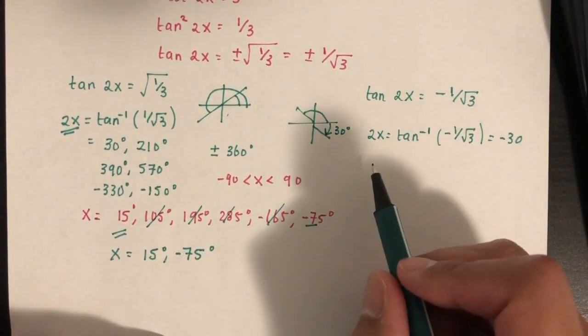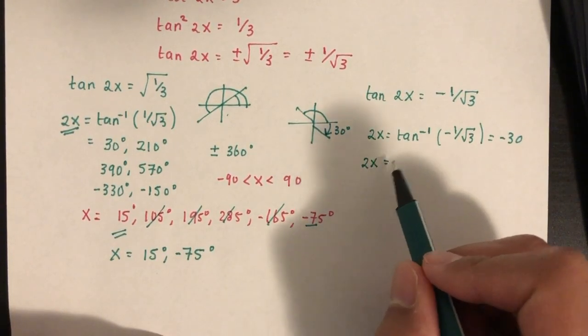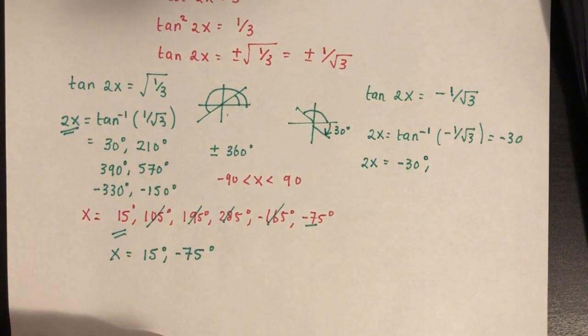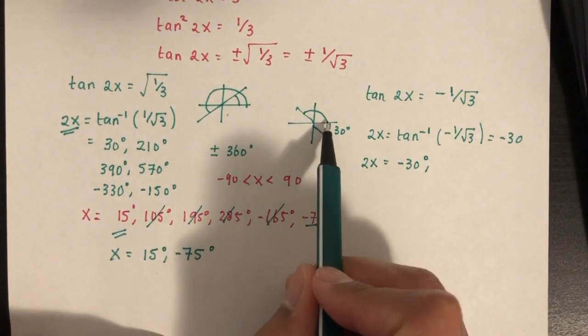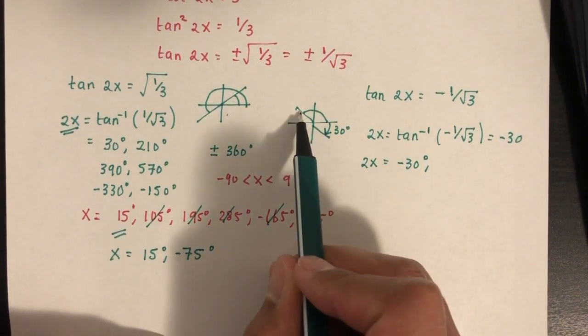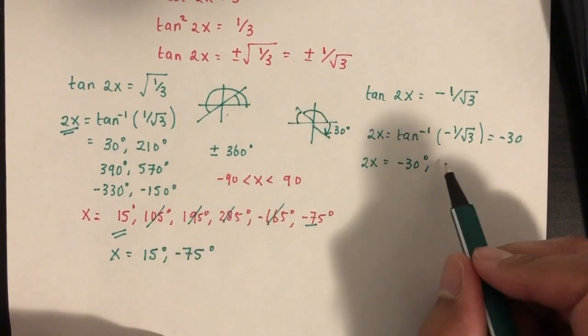So the value is just 30, minus 30 for that. So 2x is equal to minus 30. And what is this one? This one here is the angle that we are looking for. This is 30, this is also 30, so this will be 180 minus 30, which is 150.